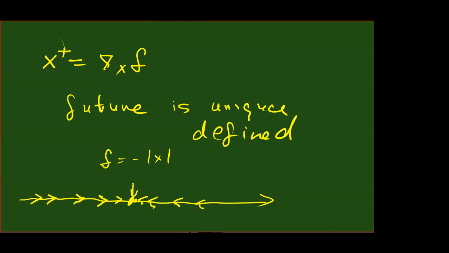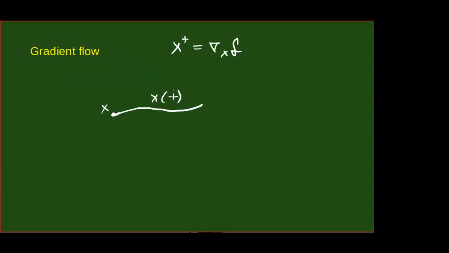So we define the gradient and we define gradient curves, and we may also consider the gradient flow. We may start with a point. Each point can be used as initial data for our equation, and we get a gradient curve x of t that solves our equation, x plus equal to the gradient of f at x.